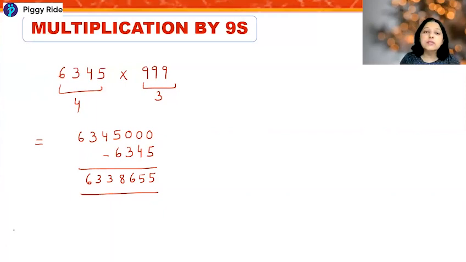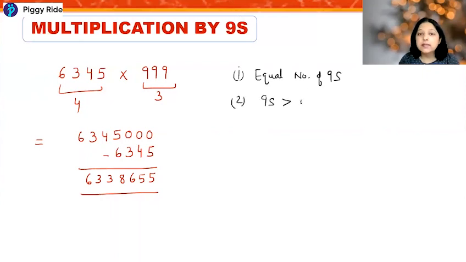So what we discussed today? We discussed today first case, what to do when you have equal number of nines. Then we discussed when the number of nines is greater than the number of digits.